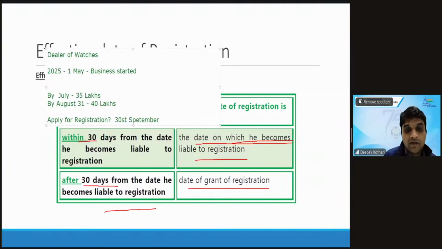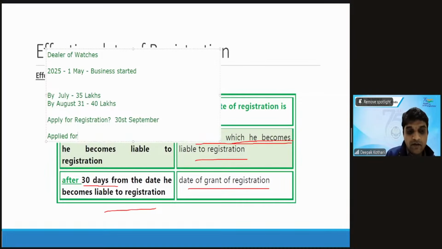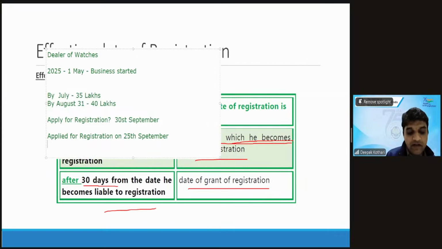Okay. So I have applied for registration on 25th September. Okay. So what will be my effective date of registration?